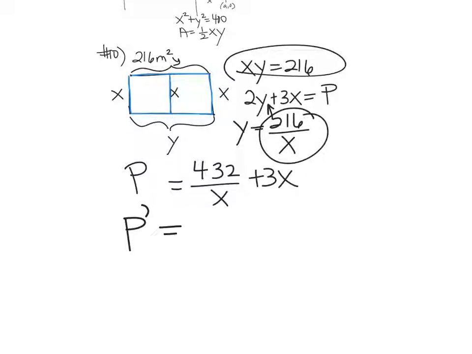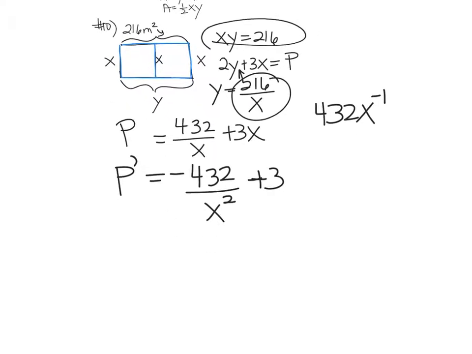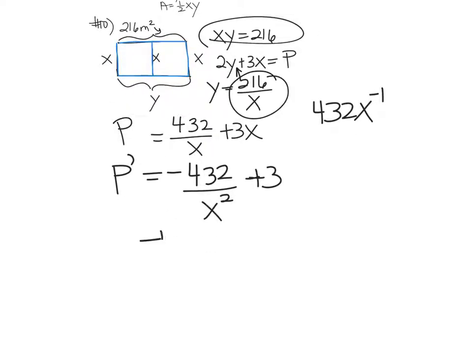Now remember, 432 over x is the same thing as 432 times x to the -1. So let's bring it down: negative 432, and then x to the -2, so x squared, plus 3. Take that over x squared plus 3 and set it equal to 0.